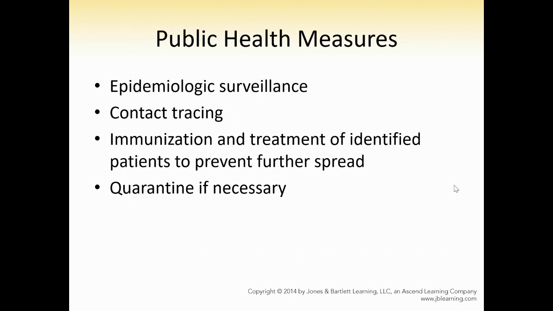In terms of public health measures, it's really important for public health officials to survey what diseases are where, what is it, which people are at risk, what communities have higher rates, and so forth. They also conduct contact tracing.